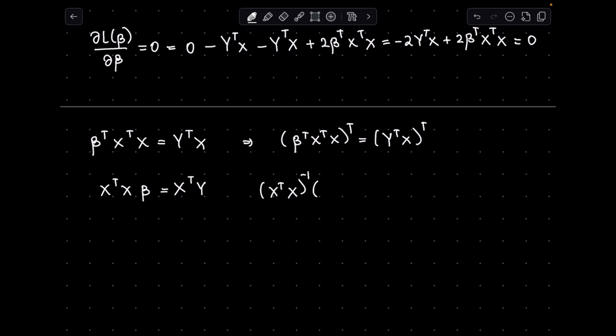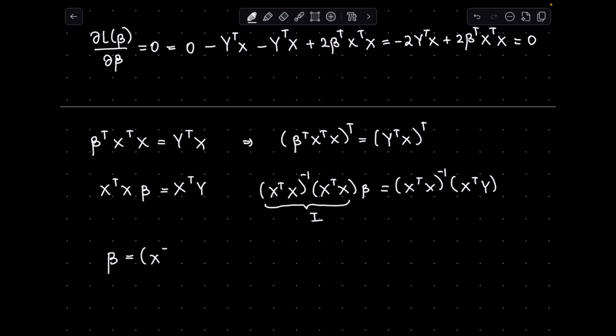Multiply by the inverse of X transpose X from the left on both sides. This gives us a closed form solution for beta known as the normal equation.